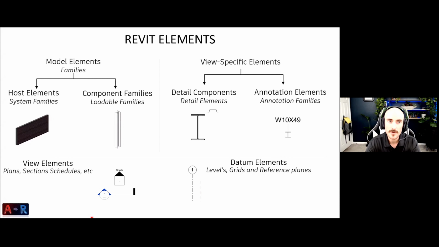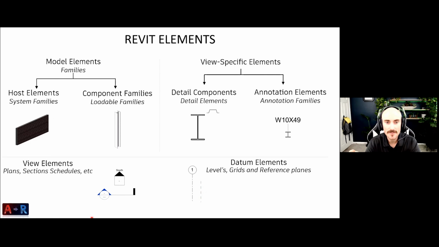To start out with, we have modeled elements at the top left here, which are also classified as families. Then we have host elements, such as system families, like a wall, which can host other families to it. For instance, a door is a hosted family that has to have a host element for me to actually place it in my project.